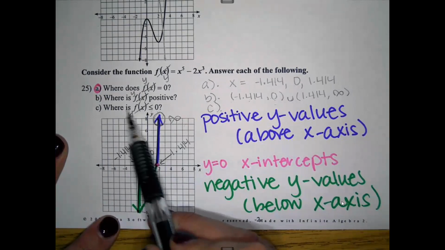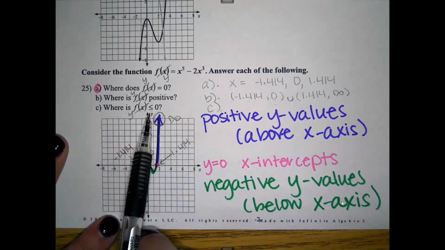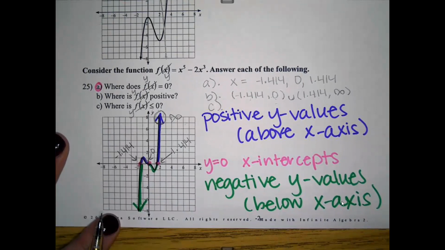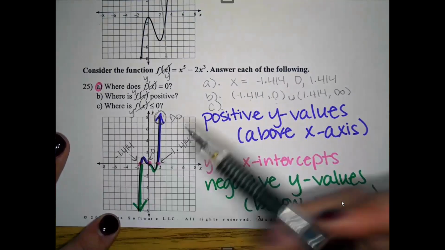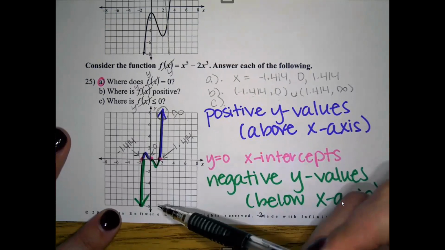All right. For this last one, we have where is y less than or equal to 0? So which part are we going to use for y is less than or equal to 0? The green part. So if we start answering that, what should we say?